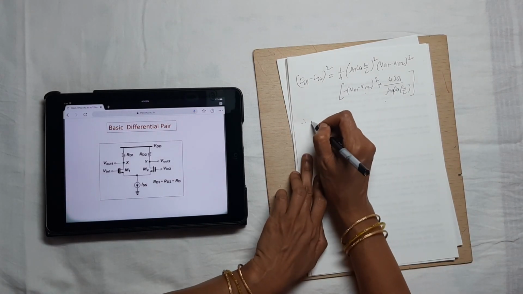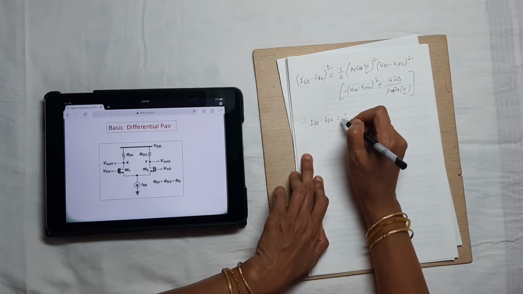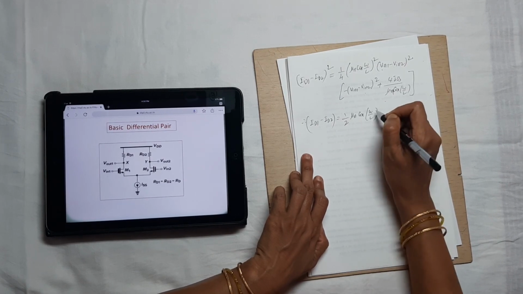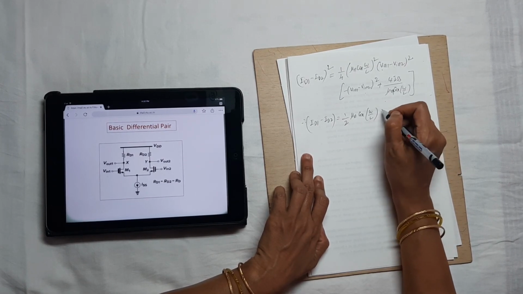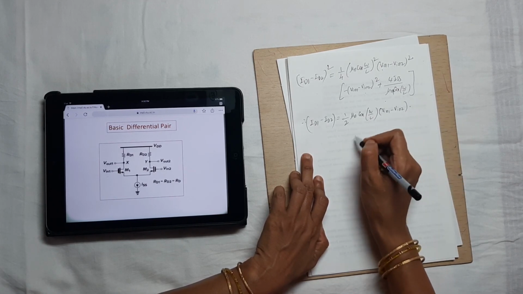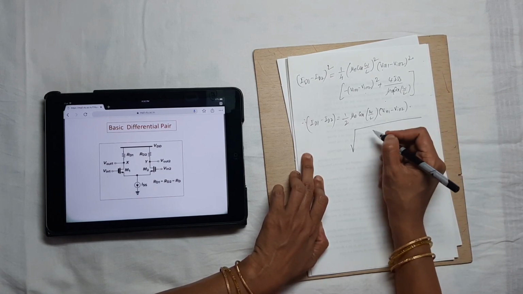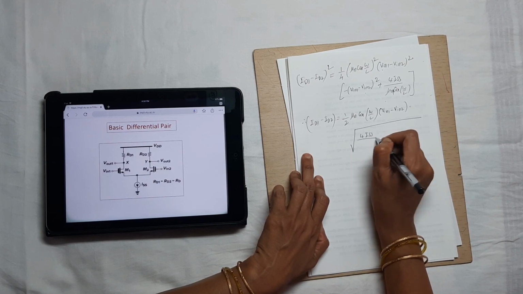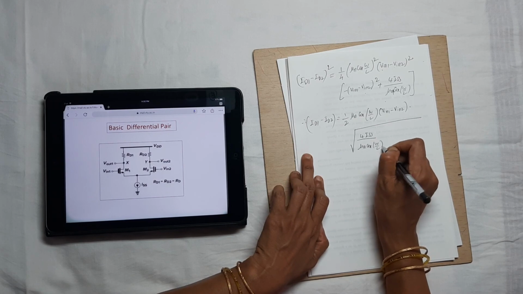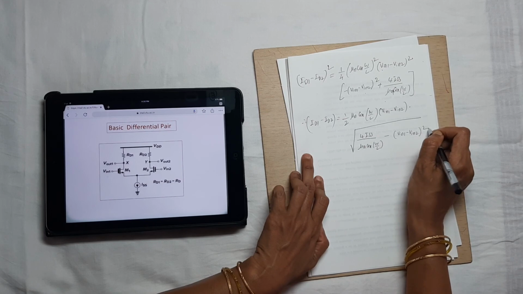Therefore, id1 minus id2 will be equal to half mu n Cox W by L (V in 1 minus V in 2) multiplied by, it is a continuation, square root of 4 ISS divided by mu n Cox W by L minus (V in 1 minus V in 2) whole bracket square.